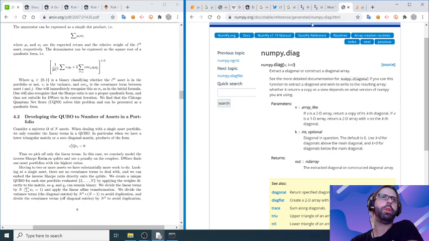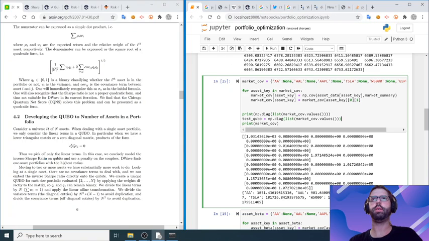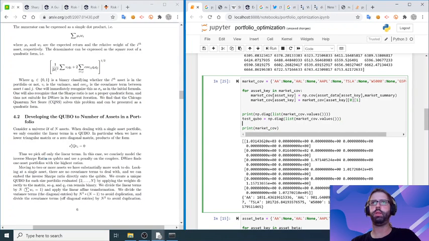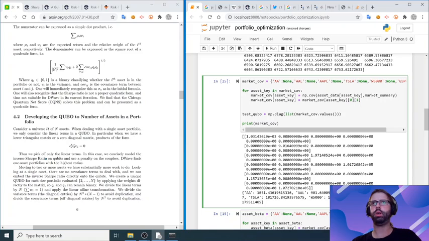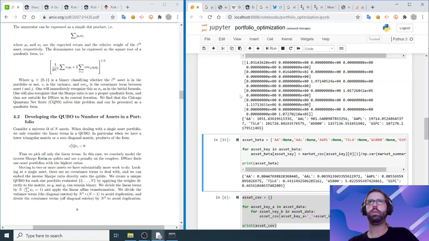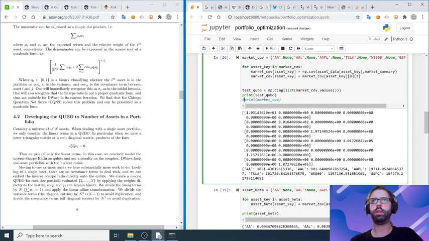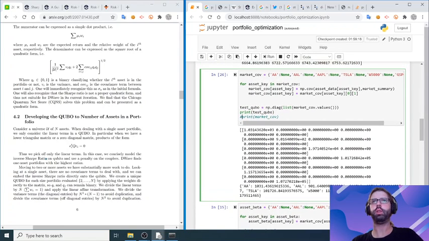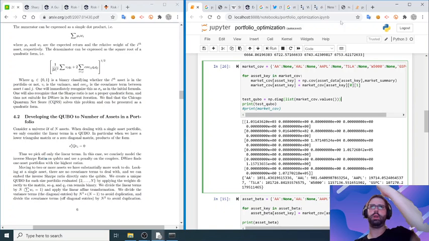Is there a quick way to do these? Or we'll just do it the funky way. So test QUBO, and basically we'll just print test QUBO. So I'm going to print this now.